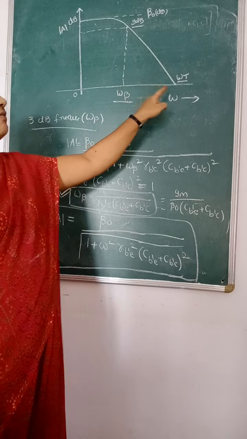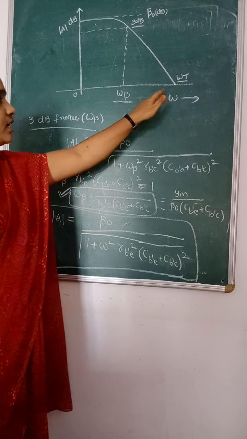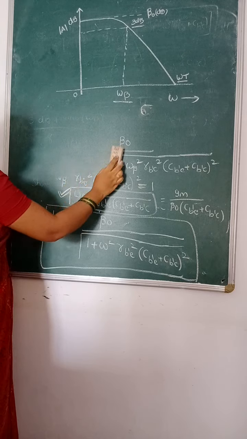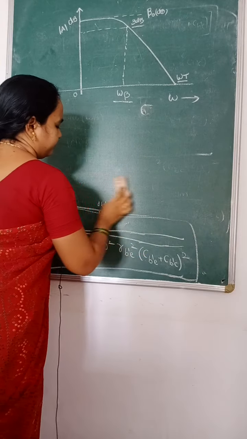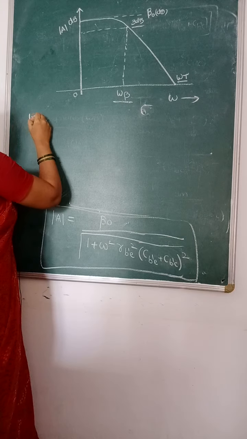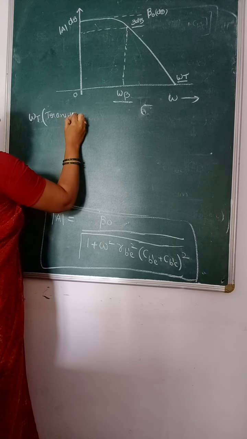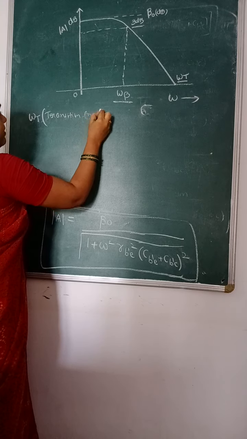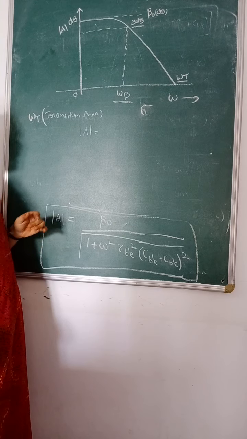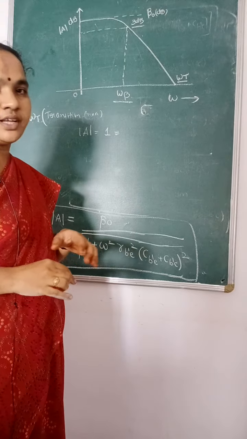Next frequency we have observed is transition frequency. Omega T is the transition frequency. Transition frequency is the frequency at which the magnitude of the current gain becomes 1 and its value is 0 decibels.